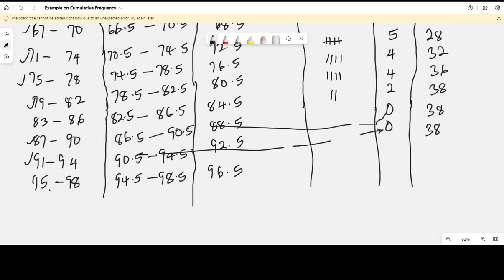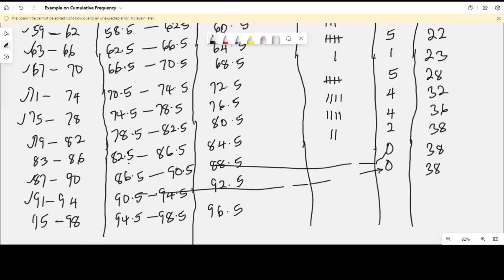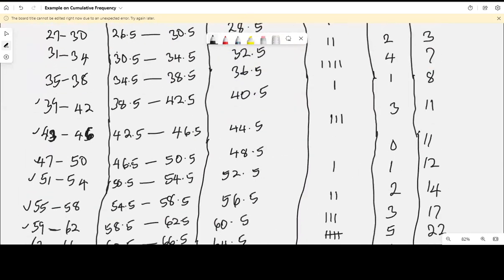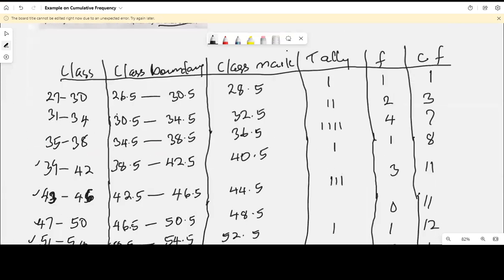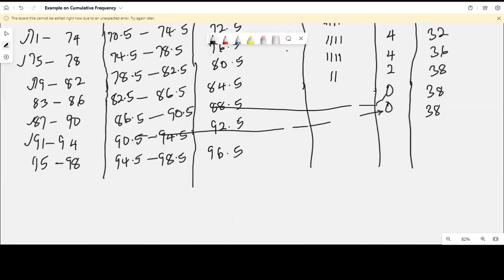Okay. So we are in the final interval now, which is 95 to 98. 95 to 98 is 1 and 2. We have only 2 there. 1, 2 for the tally, and 2 for the frequency. 2 plus 38 is 40.